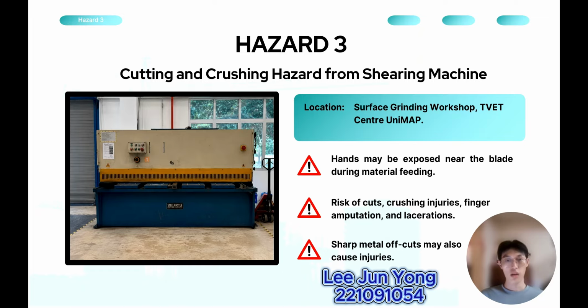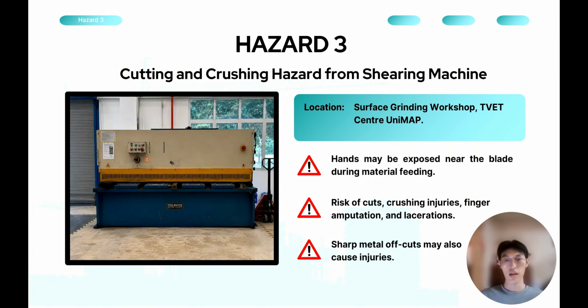I'm Lee Jun Yong, and now I will present hazard 3, which is the cutting and crushing hazard associated with the shearing machine located in the surface grinding workshop at the TVEC Center. This machine is used to cut metal sheets using a high-force moving blade. During operation, the operator's hands may be positioned close to the cutting area while feeding or aligning materials.